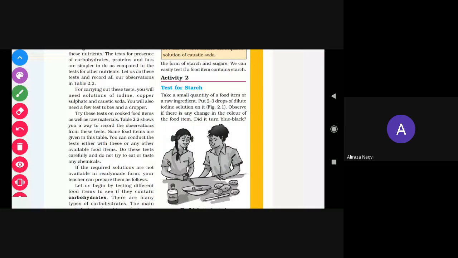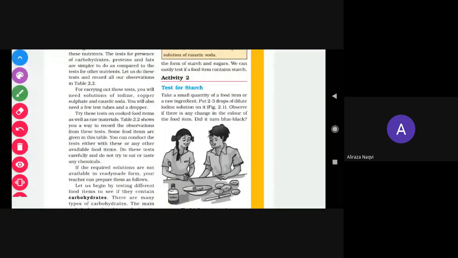Ma'am, that protein, fats, and starch. Very good. How can you test for starch? If starch is present in your food, how will you know it? Ma'am, with iodine solution. If the color changes into black or blue, it can have starch. Very good.